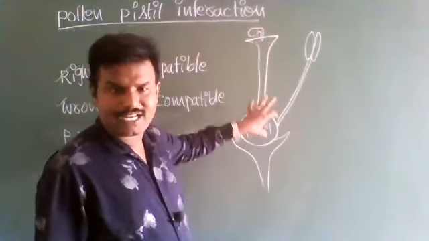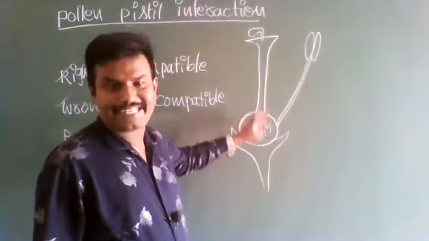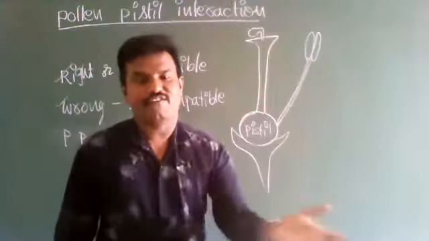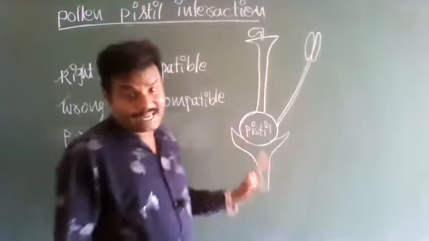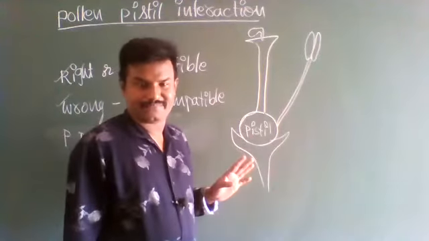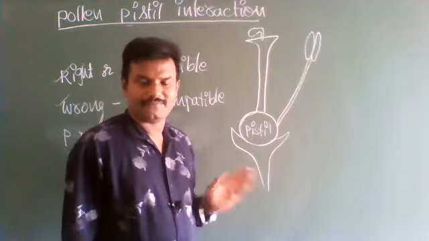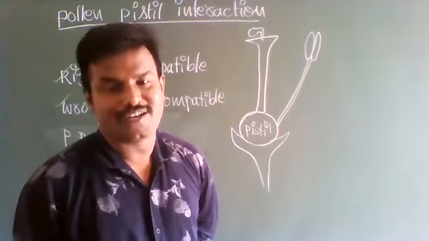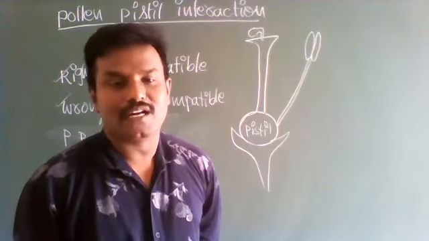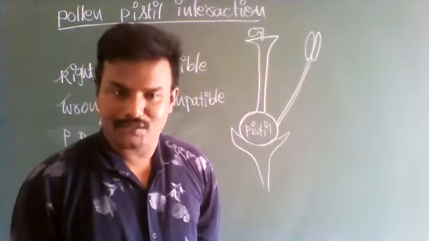If those chemicals are suitable, the pistil accepts them for further processes. If they are mismatched or incompatible, it does not allow them to germinate on the stigma. This is called pollen-pistil interaction.